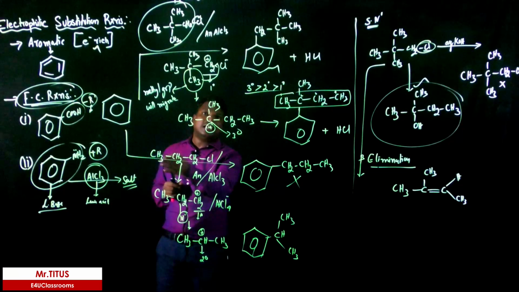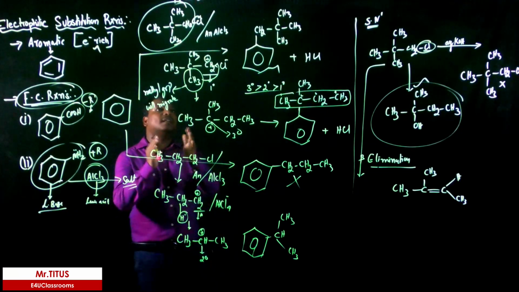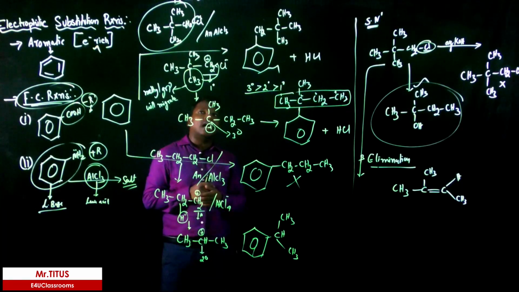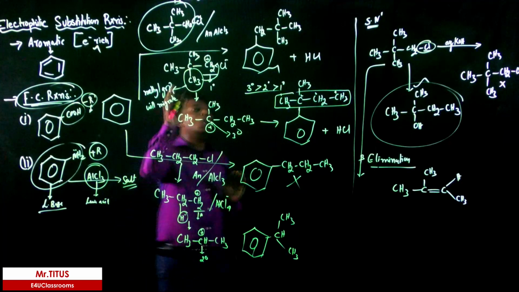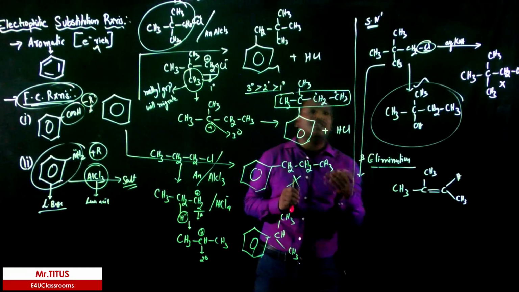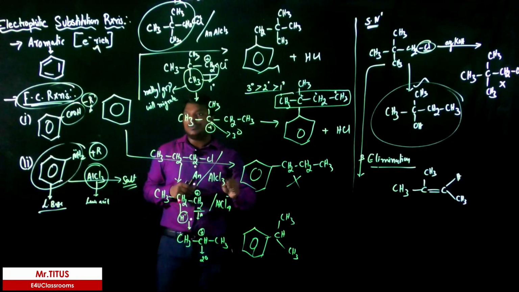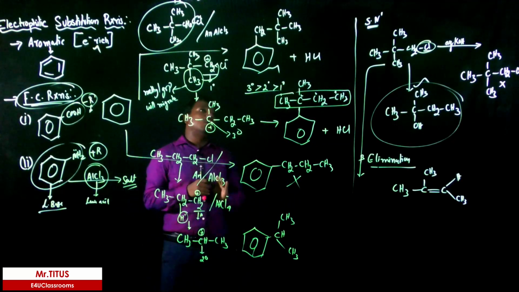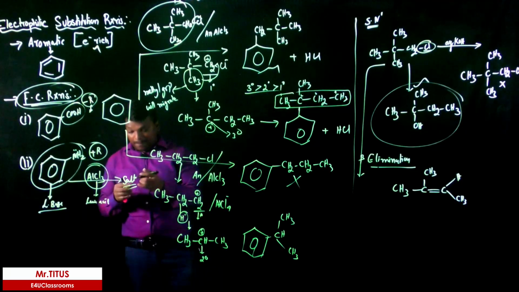In Friedel-Crafts alkylation, other than a methyl group, if they give you some other alkyl groups, I've taught you what to do. Always check for stability of carbocation. Not only here, even in nucleophilic substitution and elimination reactions, please check if there is any possibility of rearrangement of carbocation. Go for the more stable carbocation. Even this concept is applicable.